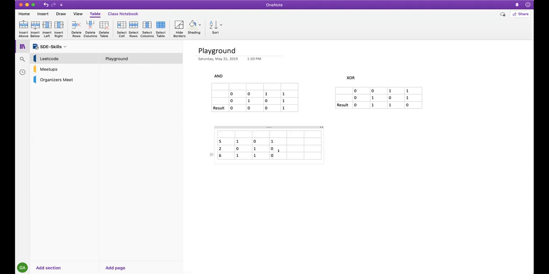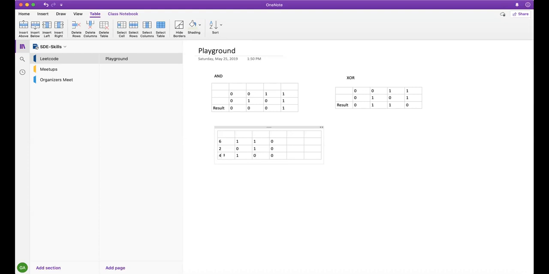Whenever there is a carry involved, let's say it is 6 and 2, or maybe 9 and 2, it required a carry as well. So in this case we will get the result as 4 if we simply perform the XOR operator.